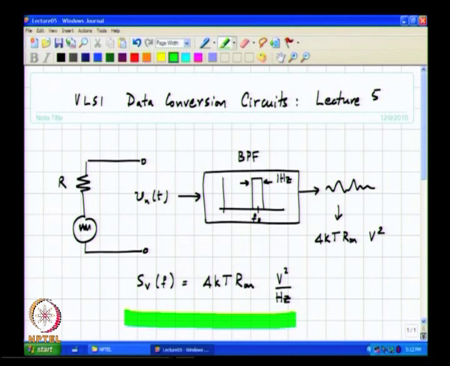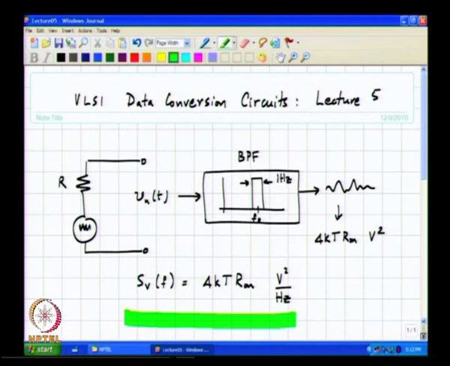We will not get into the details of the math behind spectral density, but it is important to get a physical feel for what this means. If I took a resistor and monitored the voltage across it, I would see some random waveform.